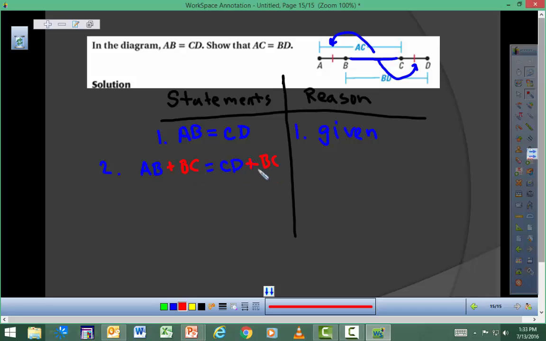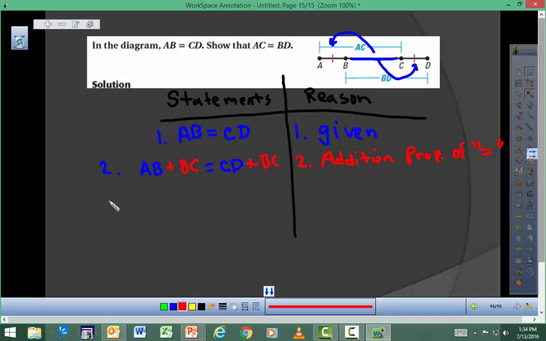You see, so I added the same segment on both sides of an equal sign. So step number 2 is going to be addition property of equality, right? So we're allowed to do that.